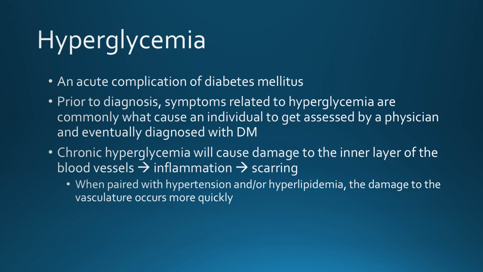So this is why we are so concerned with controlling these levels of glucose. When we pair chronic hyperglycemia with hypertension and/or hyperlipidemia, or high cholesterol, these are both conditions that can also cause damage to the blood vessels. So when an individual has more than one of these, that just further increases their risk for complications related to that vessel damage that can be occurring.